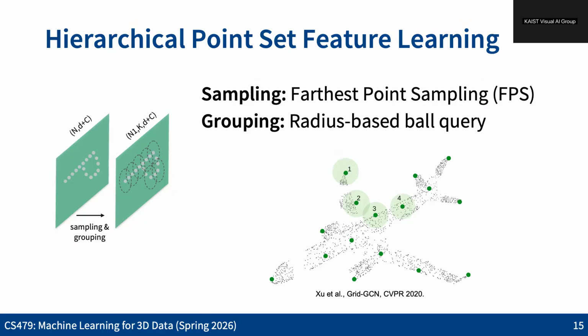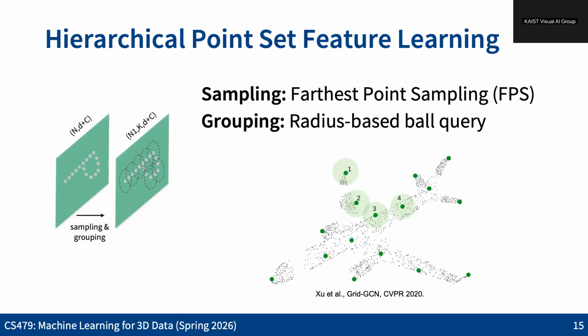The way we achieve translation invariance naturally in this case is by taking the local points in a local coordinate system, taking this seed point as the center and shifting all the points so that it becomes (0, 0, 0), and then performing PointNet on this local set of points.